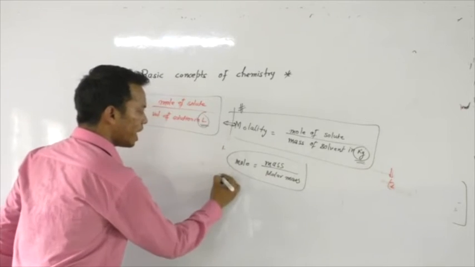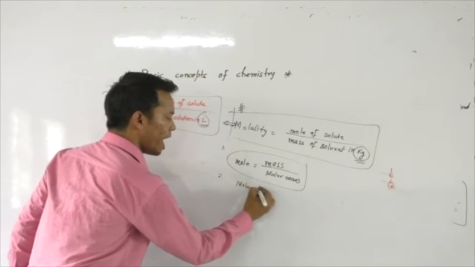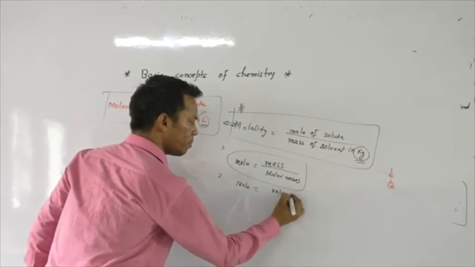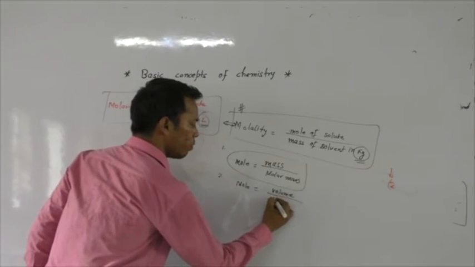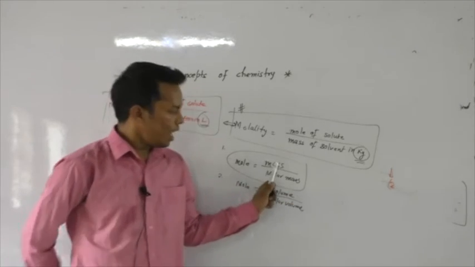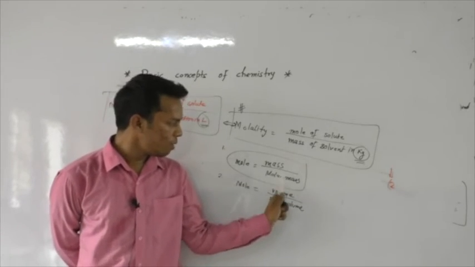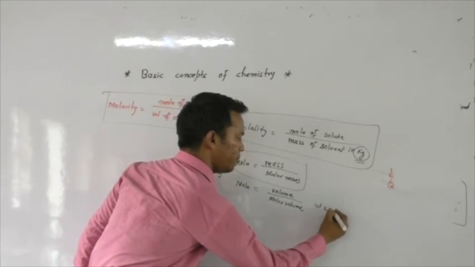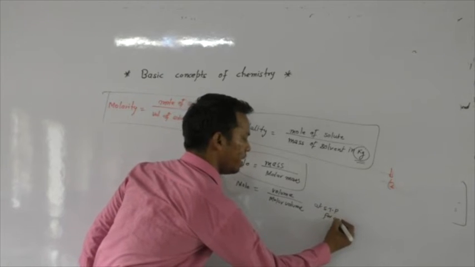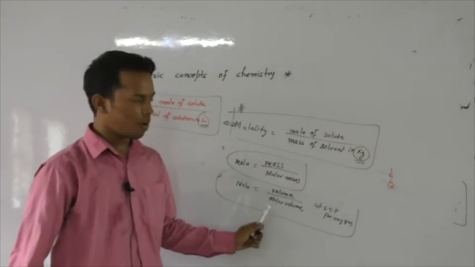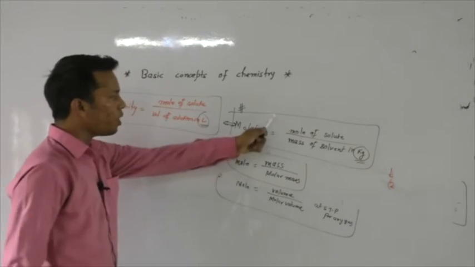Second, you can calculate mole at STP: given volume divided by molar volume. Here mass, here volume, here molar mass, here molar volume. At STP you can say this for any gas. This is the second formula.